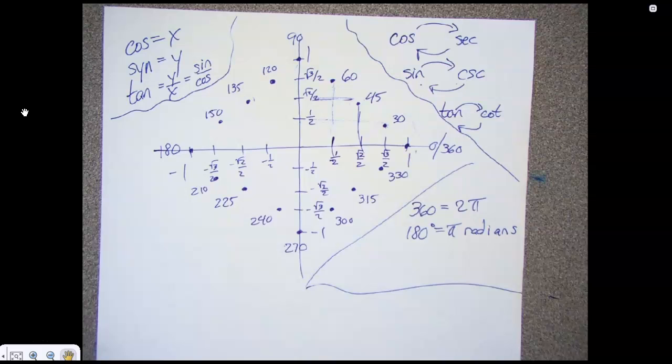So for negative 150, you can go 150 backwards, or you could add 360 and say, okay, that's really the cotangent of 210. Cotangent is which one flipped over? It's tangent, right? Tangent is y over x. We want the flipped version, so we want x over y. So I want my x value, which is negative root 3 over 2, divided by my y value, which is negative 1/2.